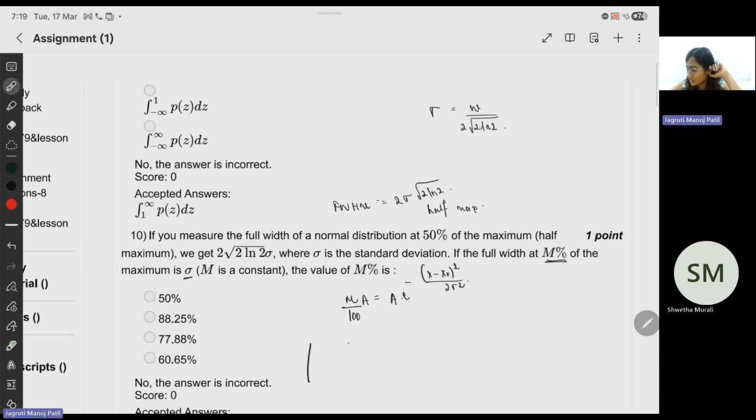So this is this, and this is full width. This has nothing to do with mu. And since they are seeing as a normal distribution, I don't know what we should substitute mu as in this case.